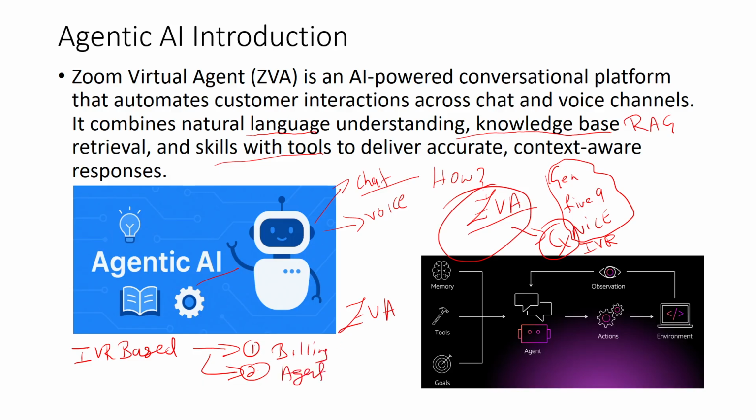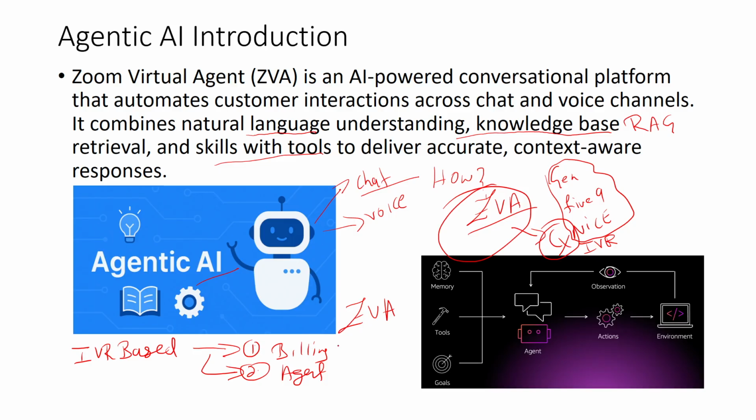All right. These systems are rule based and very limited. If you want to imagine ZVA, how it works, just think of it as interacting with ChatGPT but with voice and more human like touch.